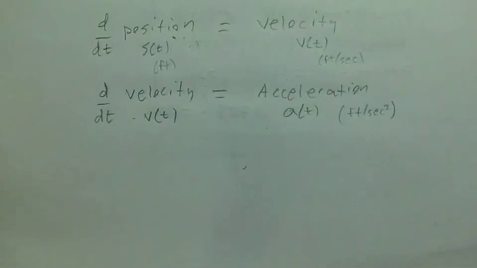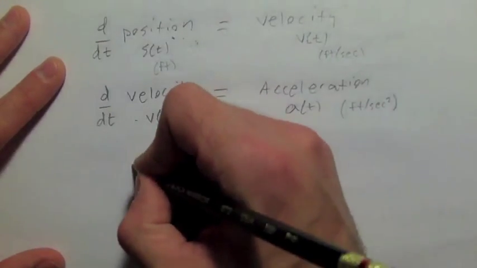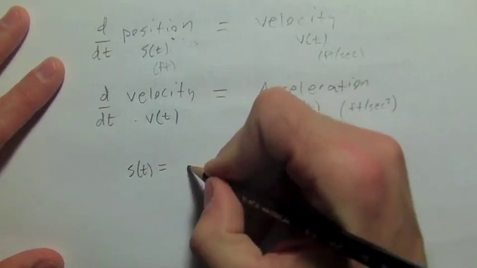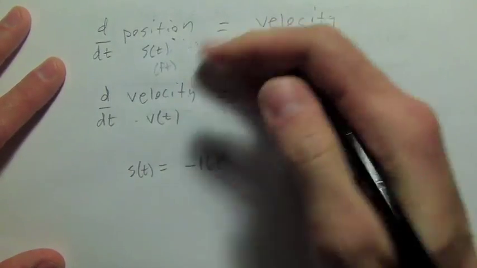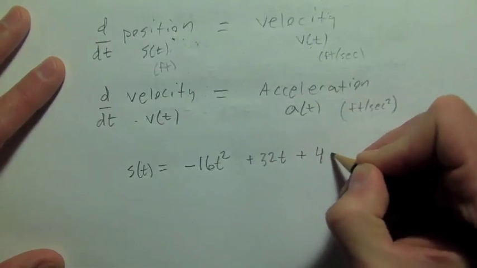There are more examples that we'll look at later on, but I just wanted to introduce this here. Now that we have these rules, we can find the instantaneous rate of change, or the instantaneous velocity, of a function really, really quickly. I think we had one on your worksheet that was something like negative 16t squared plus 32t plus 49.